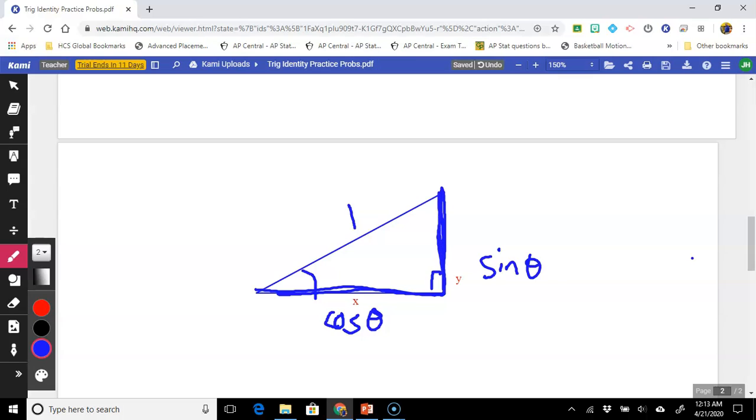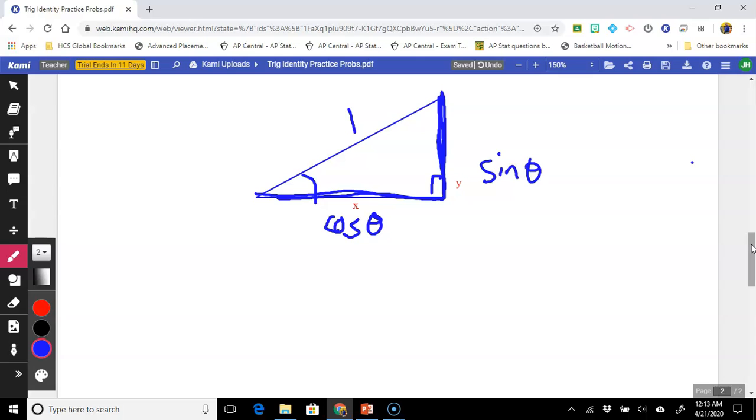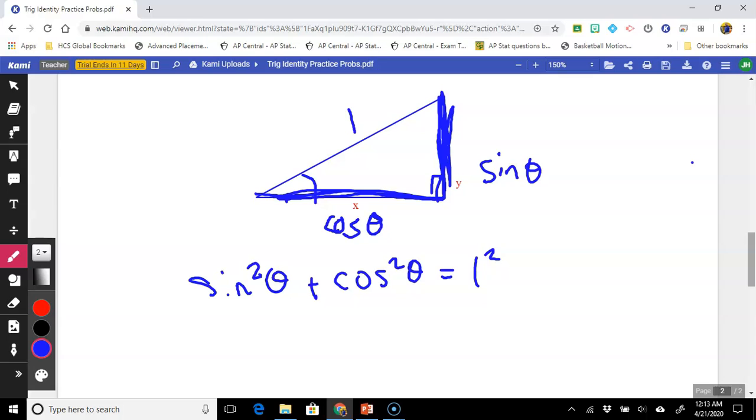So based on that and some other things that we've learned, it flows through the Pythagorean theorem that this side squared, which we call sine squared, and cosine squared, which would be that other side, are going to be equal to 1 squared. Well, what's 1 squared? It's 1.